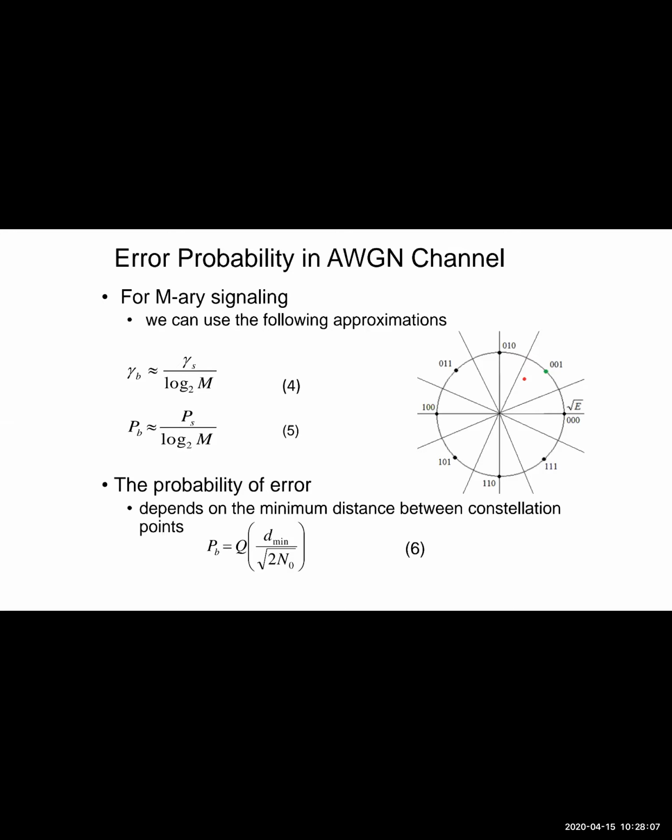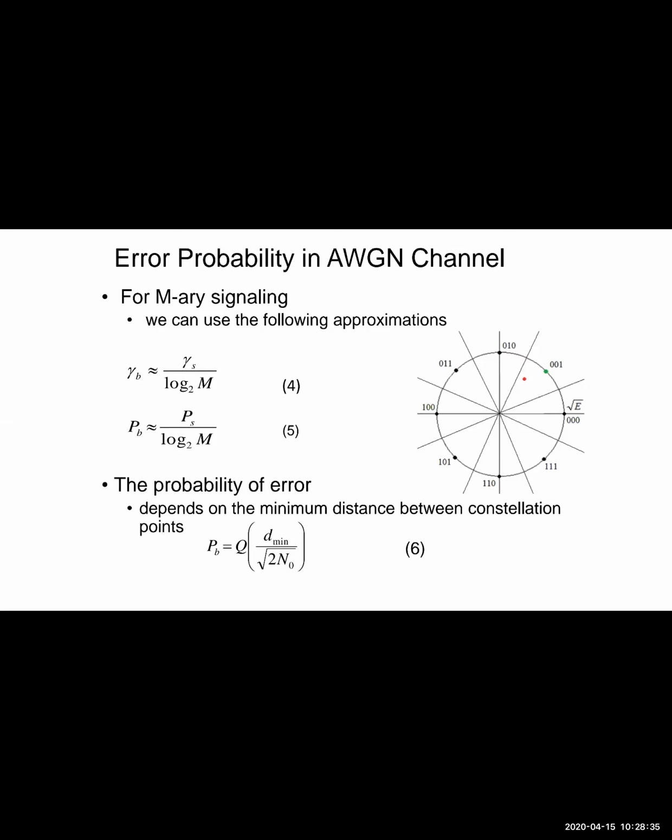Again, these two conversions are happening because we want to send bits, but we are transmitting symbols. It is bits that we want to send, but the nature of the channel, we cannot carry bits. We can only carry symbols. So we need to have equations between them.